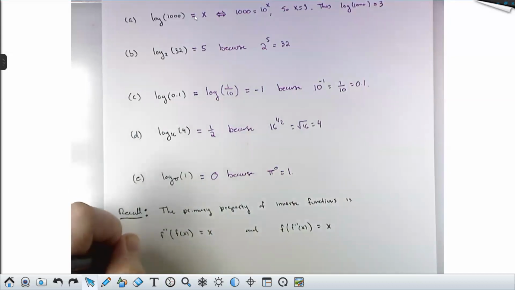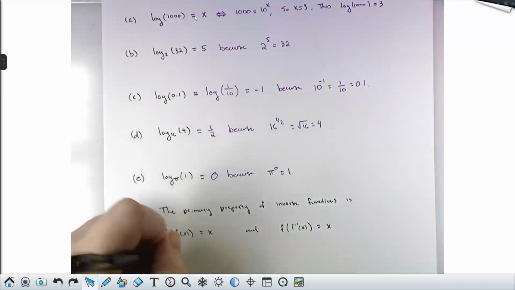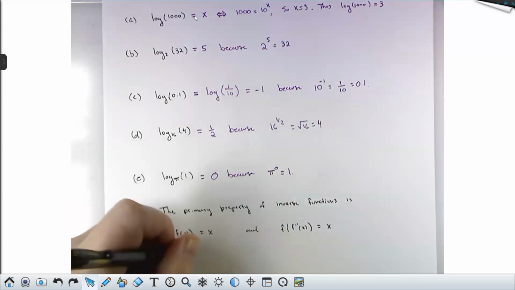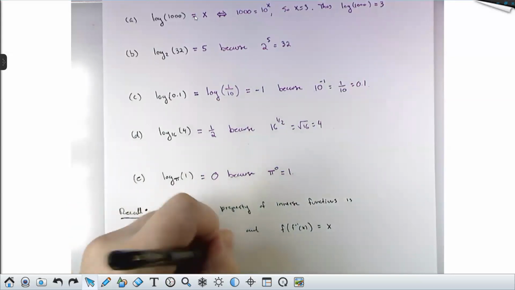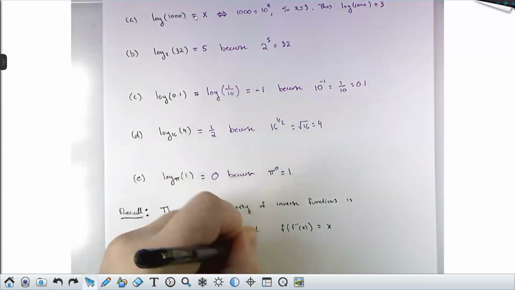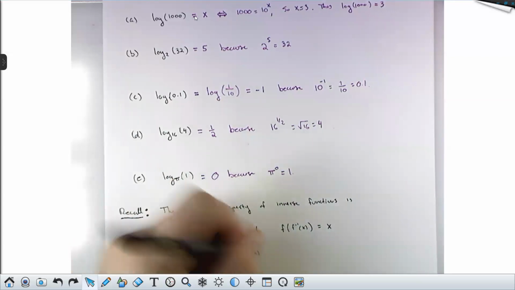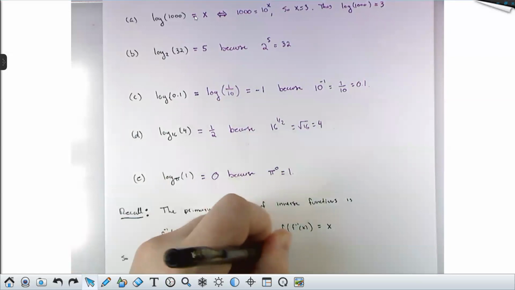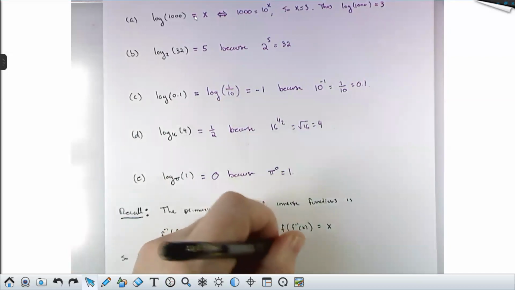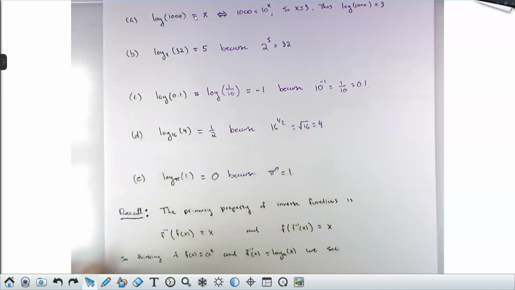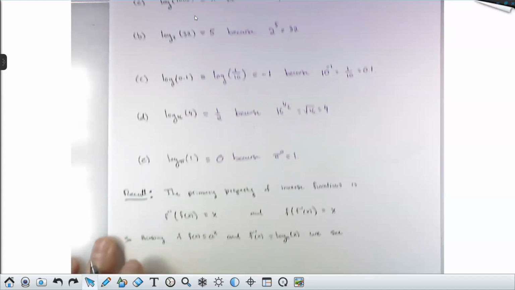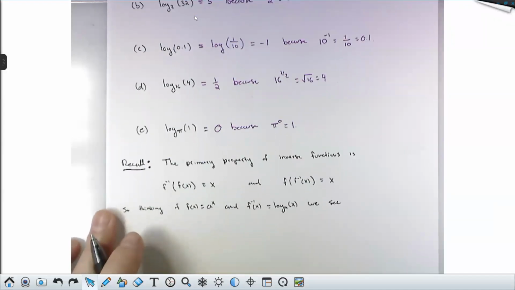So thinking of f of x as the exponential a to the x and f inverse of x as its inverse, which is the base a log of x, we see, and this is our first important algebra property of the logarithm.